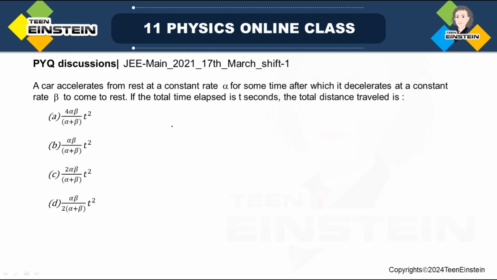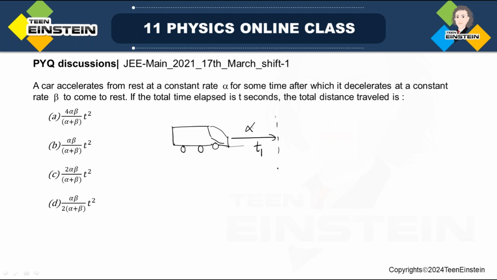So see, there is a car, suppose. What it is doing, actually it is accelerated with acceleration alpha for some time. Let us say that is getting accelerated up to t1 time. Then after t1 is over, the car has to stop. That's why it is decelerated.